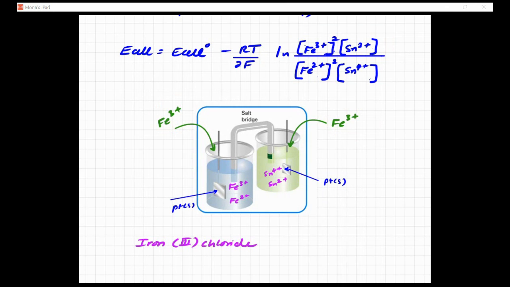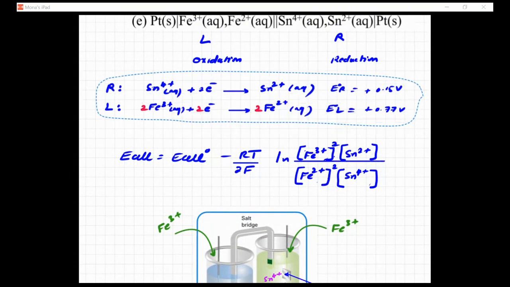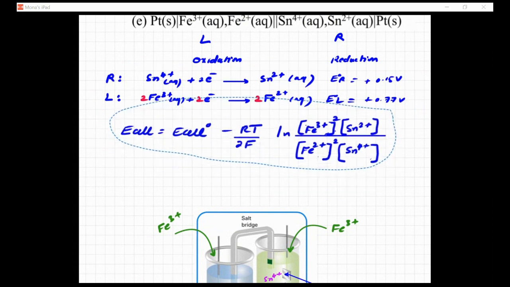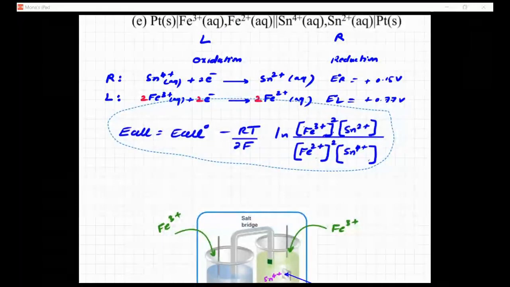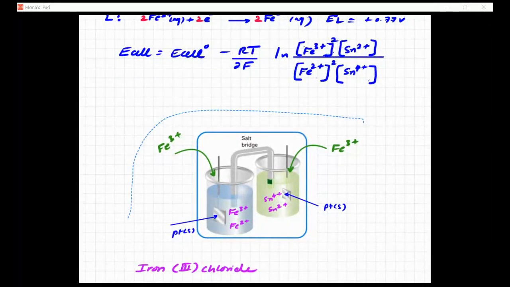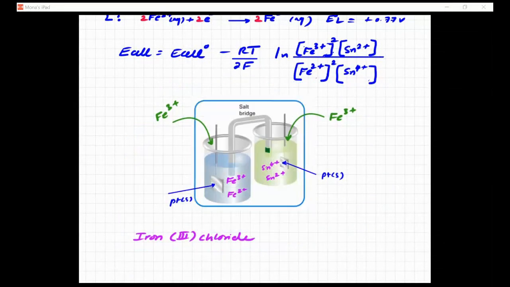These are the two reduction half reactions that we have, and based on them we have the quotient, which is used in the Nernst equation. What would happen if I have added Fe3+ on both sides?